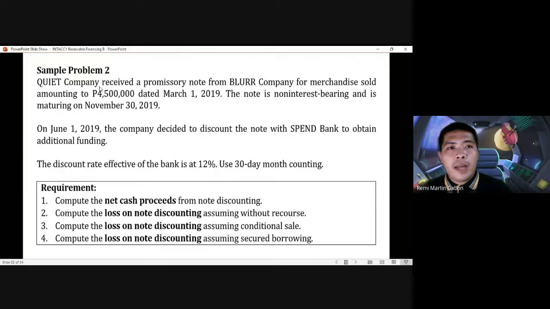So, Quiet Company received a promissory note from Blur Company for merchandise sold amounting to 4,500,000. This time, yung date ng promissory note, March 1, 2019. Therefore, the transaction probably occurred also on March 1, 2019. The note is non-interest bearing and is maturing on November 30.